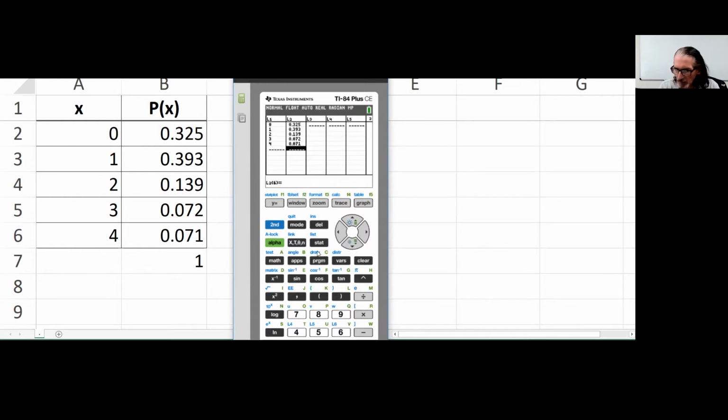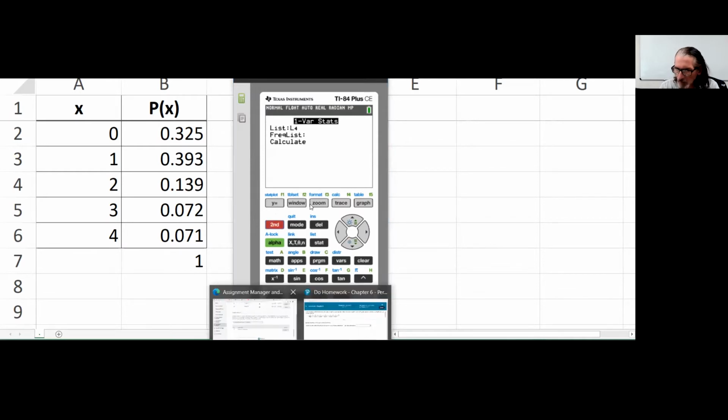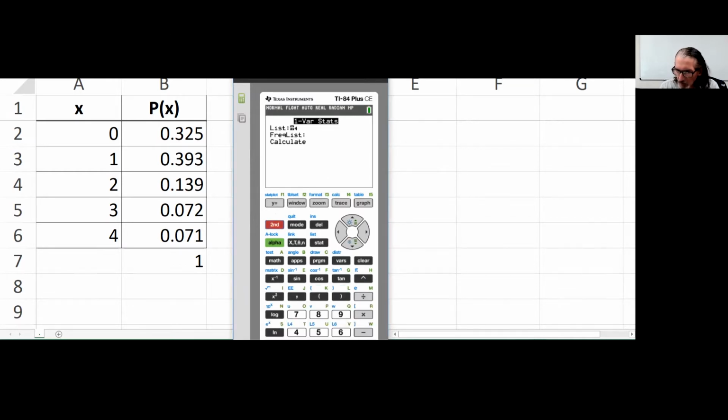So now that I've got them in there, if I press stat, calc, one variable statistics, and tell it that it's in list 1 by pressing second and 1, then we are looking. That's interesting. Hold on here.